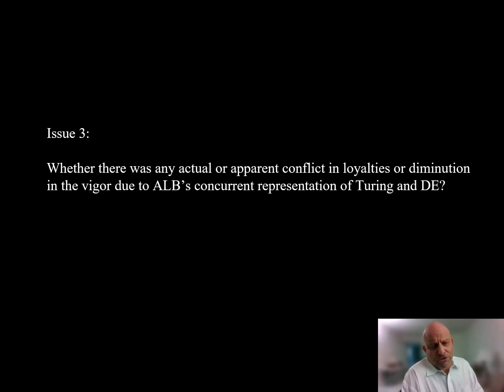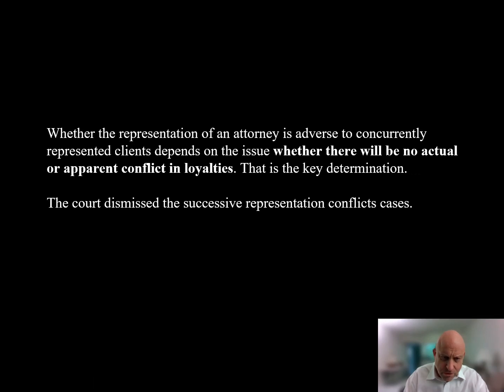So the third and final issue: was there an actual or apparent conflict in loyalties or diminution in the vigor due to ALB's concurrent representation of Turin and DE? And the court threw out the arguments on successive representation as not relevant.